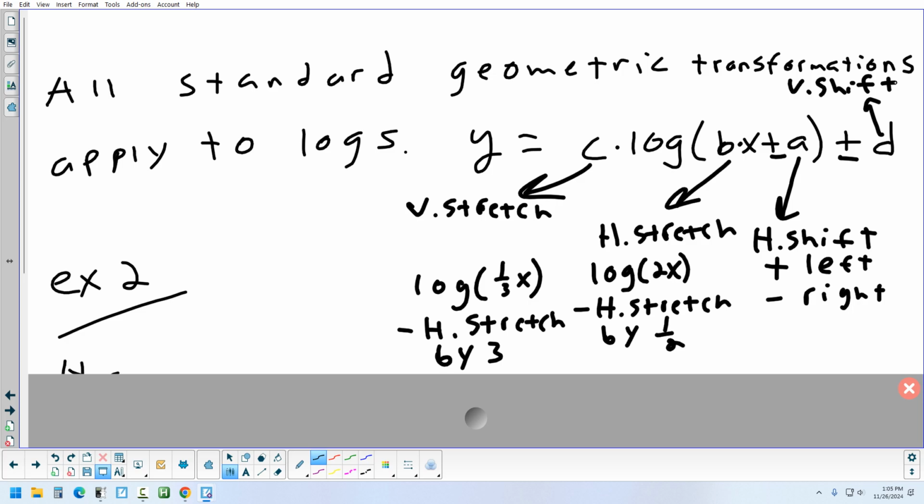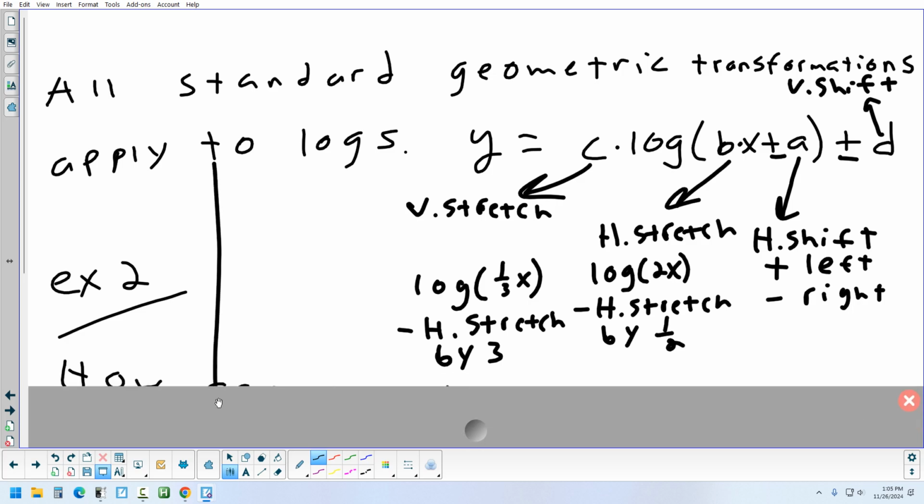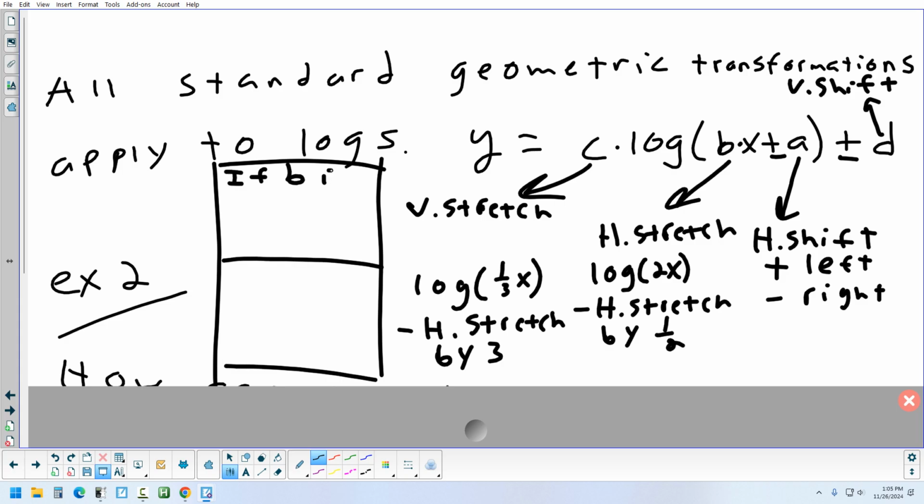So that's 4 of them, A, B, C, D, but there's a total of 6. We always put these off to the side. What happens if B is negative? It would be a reflection. What kind of reflection? Horizontal or vertical? Horizontal, because B is in the horizontal section.